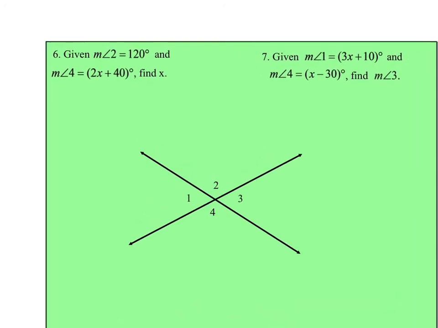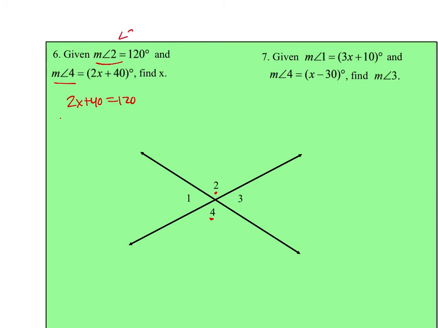So now let's take a look at what we got. It looks like we're going to be dealing with either vertical or linear pair stuff. If I look at 2 and 4, 2's right here, 4's right here. Those appear to be vertical. If they're vertical, then these two things are going to be equal to each other.